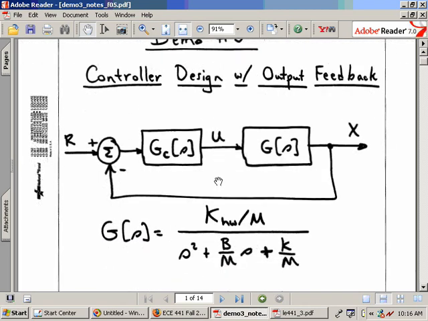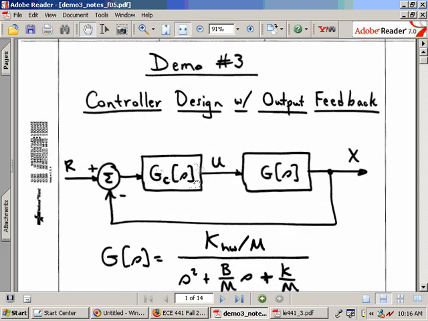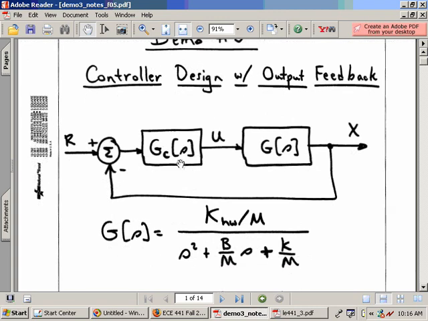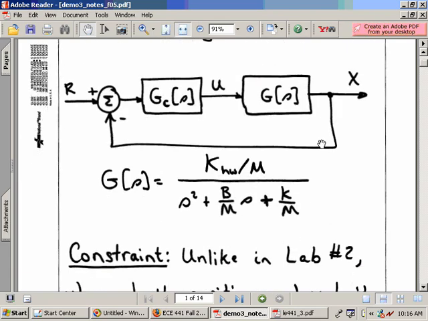This particular lab number 3 is concerned with designing a controller, G sub C of S, that now is not going in and measuring position and velocity for full state feedback. It's actually simply measuring the position variable, and it has to filter that in some way to duplicate or try to recover that velocity information that it now can no longer measure explicitly.